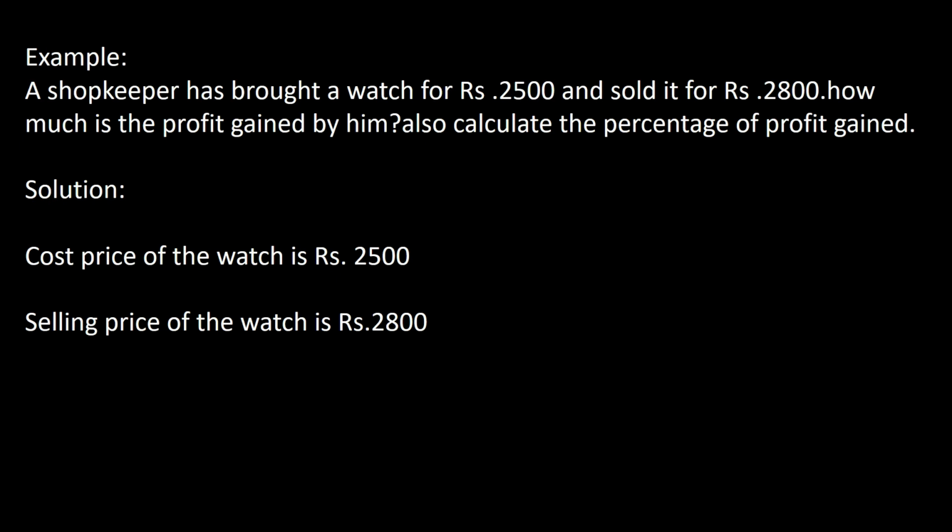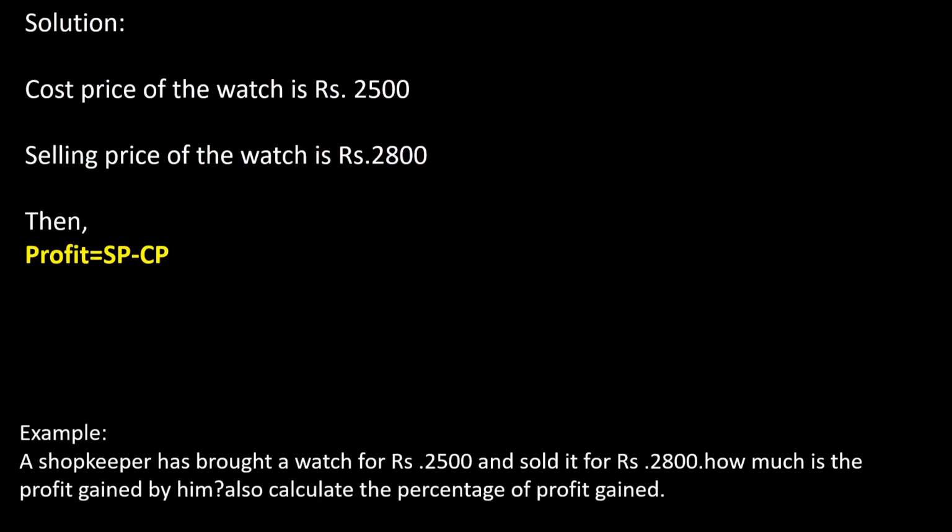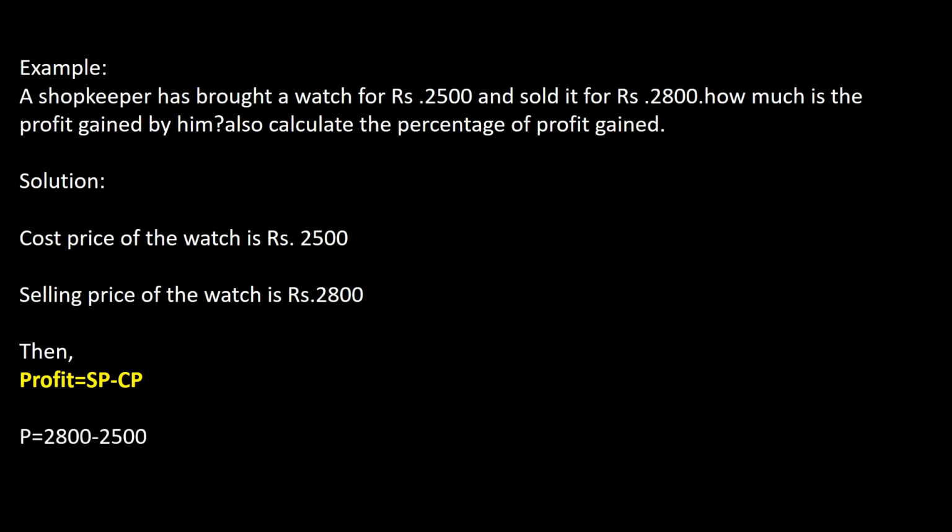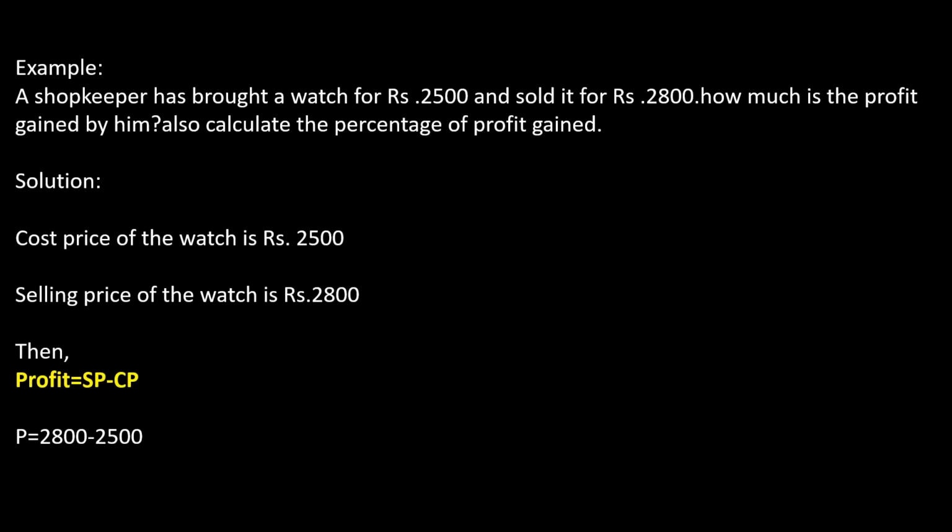So the profit gained is equal to selling price minus cost price, that is SP minus CP, and thus 2800 minus 2500, we get the answer as 300.